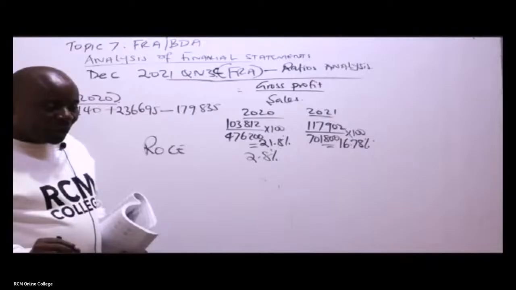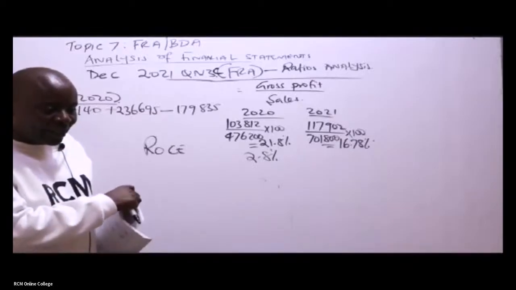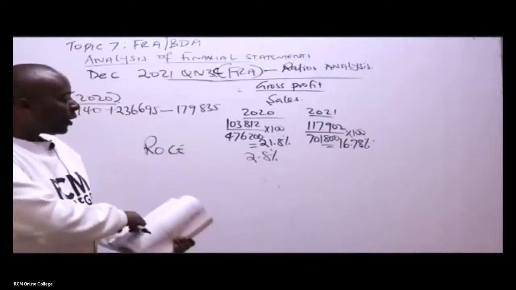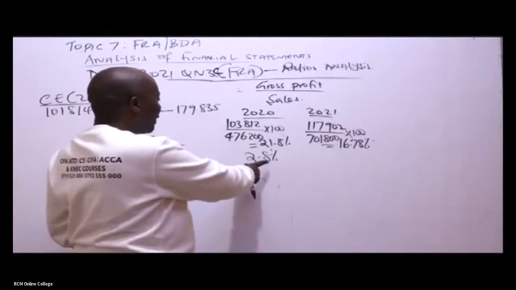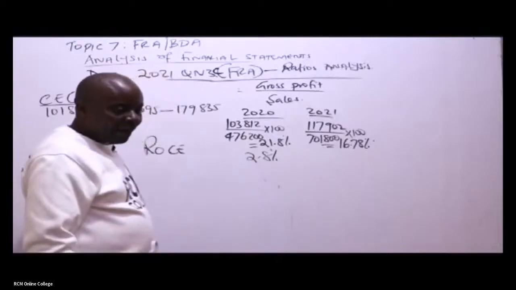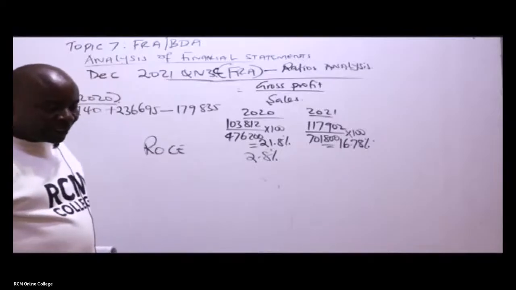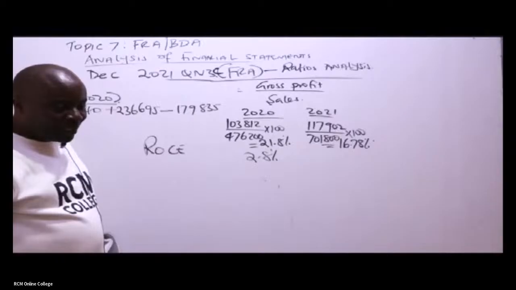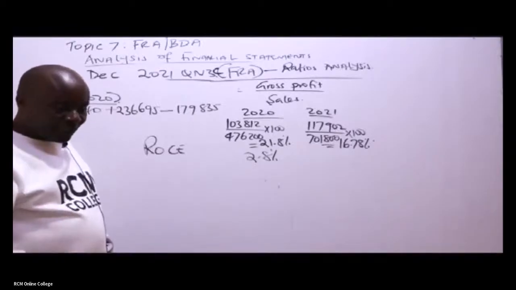Remember, we are not using current assets and current liabilities for 2021, okay? But first of all, give me this figure. Is there somebody getting ROCE of 2.8% in 2020? Yeah, somebody is confirming that. No, they're saying it's 5.4. Cyprian is saying no, and I like those kind of students who will always give us their opinion.